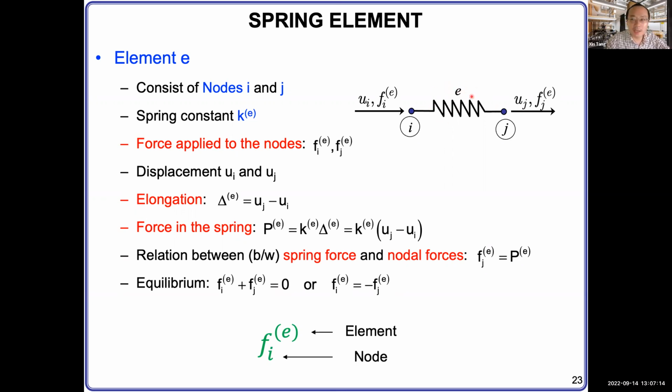So generically, on the two nodes of this spring E, we have two forces applied. One is force F subscript I, meaning applied on node I, with superscript E in parentheses, meaning we are talking about spring E, right? So F_I^(E) is for node I. For node J, you have F_J^(E) applied to node J.